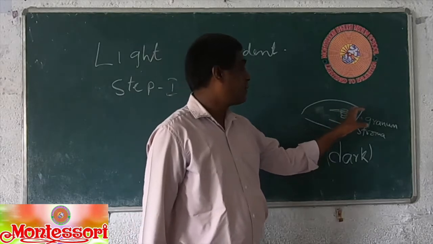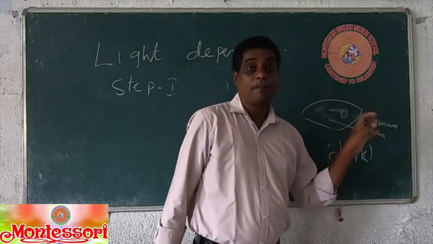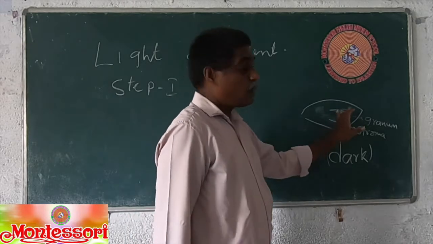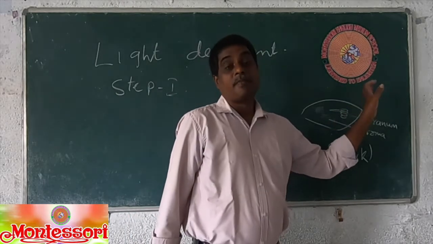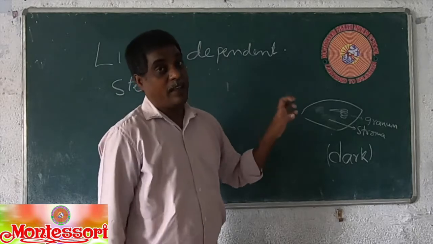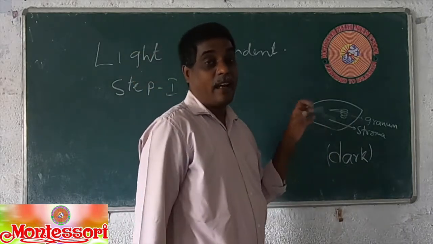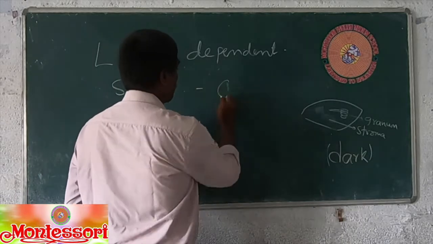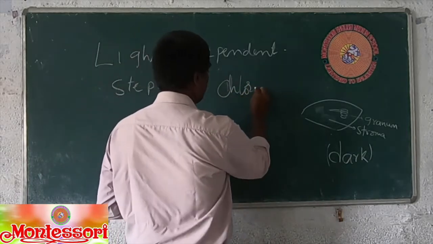When the chlorophyll absorbs light energy, it gets activated. Whenever the chlorophyll gets energy from sunlight, it gets activated by absorbing the photons. So in the first step, chlorophyll gets activated.